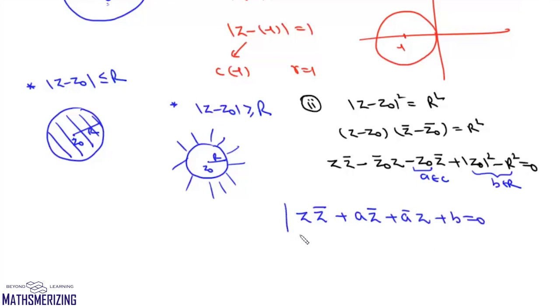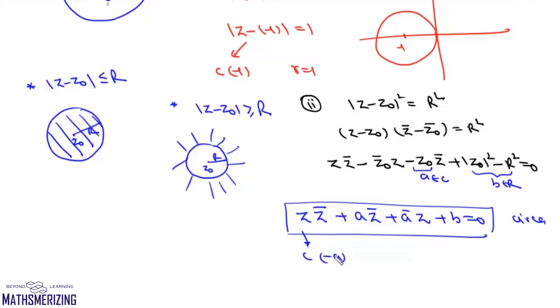So if in complex numbers, we have this equation which is z z bar plus a z bar plus a bar z plus b equals 0, then it will represent a circle whose center is at z0, which is minus a. So center of this circle will be at minus a, and its radius will be under root of mod of a square minus b.